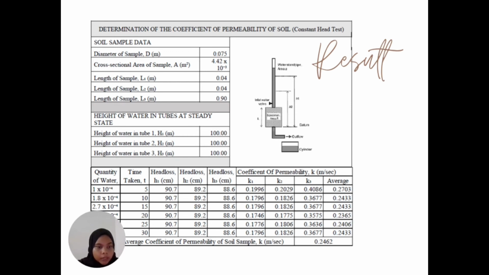The most important data is the overall average coefficient of permeability of the soil sample, k in m over second, which is 0.2462. But note that the data is obtained by making the time taken constant for a 5-second interval, so the quantity of water can be different.